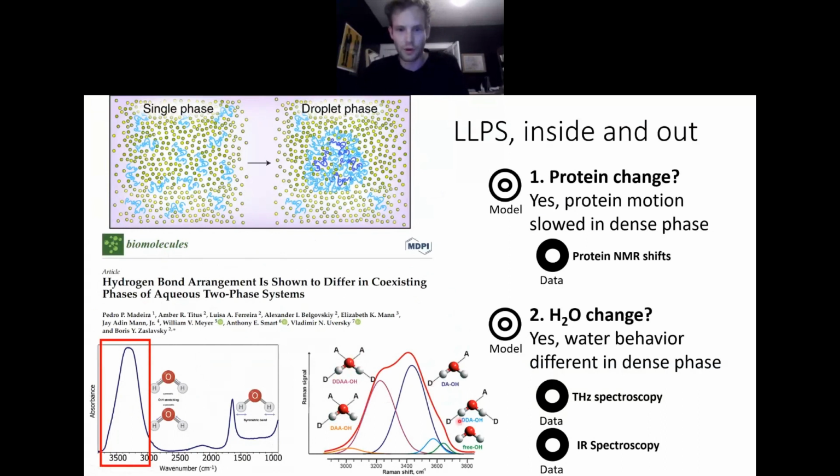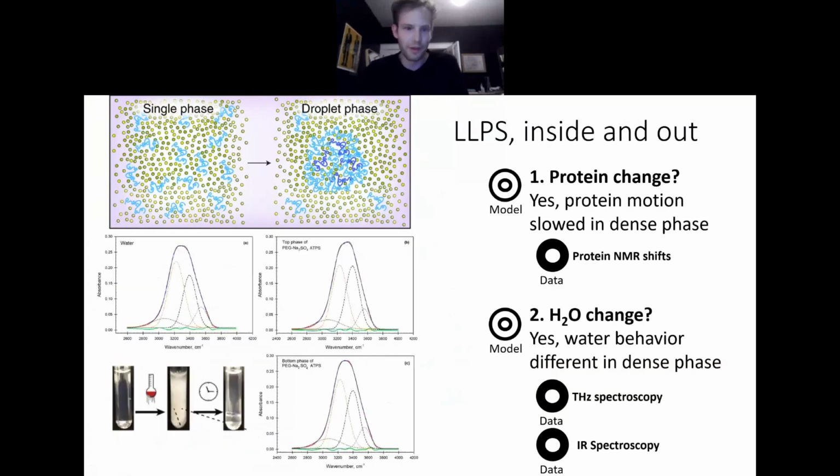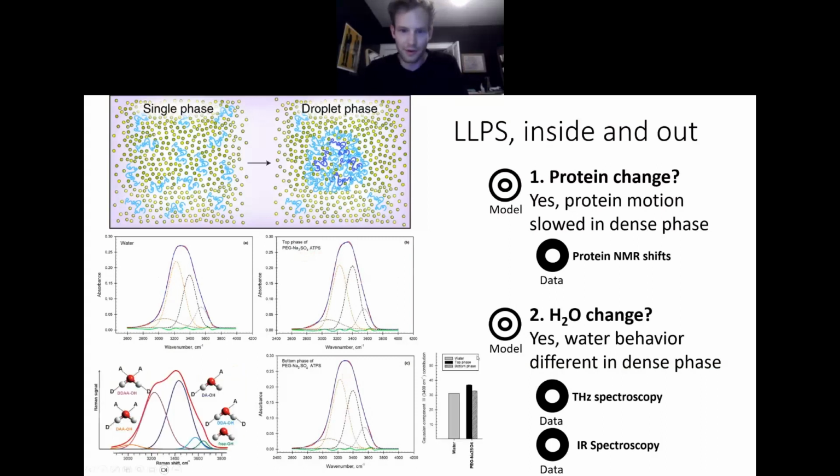If they observe different peak shapes, they can get different components contributing to that. And what they find is that when they have PEG and sodium sulfate, compared to just water, this top phase has a different decomposition than the bottom phase. And this tells them that, for this third Gaussian in particular, the hydrogen bonding structure is different in the two phases.